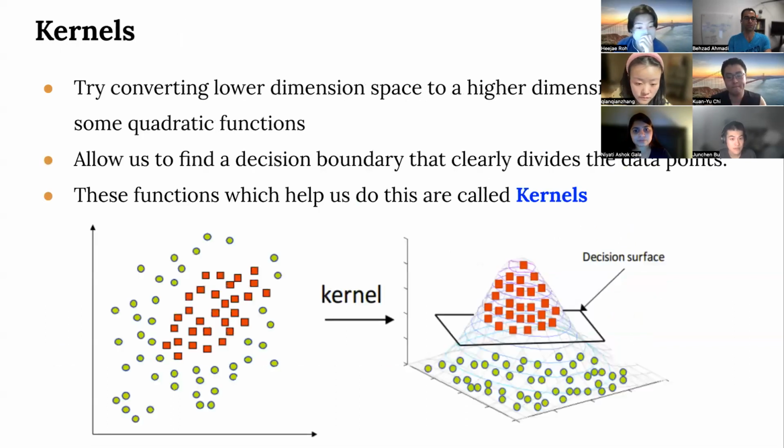These are called kernels. Again, how do you separate this? It's very hard to separate them. You have to draw a line here, right, which is obviously nonlinear. But let's say you find a circle, but let's say you convert them from this area to this area.